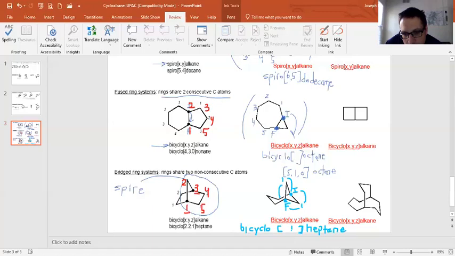So it looks like it's 1.1, and we're looking for the last number. These again should be named in descending order. So we're going this way, 1, another vertex, and we're back to the final. So 3.1.1 is the numerical formula. So bicyclo 3.1.1 heptane.